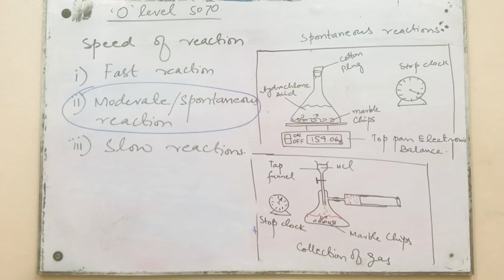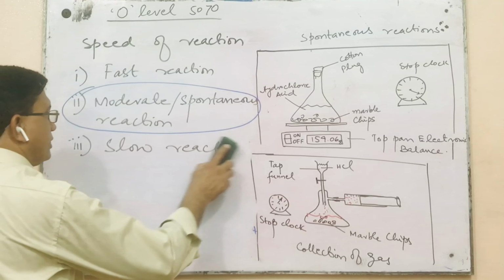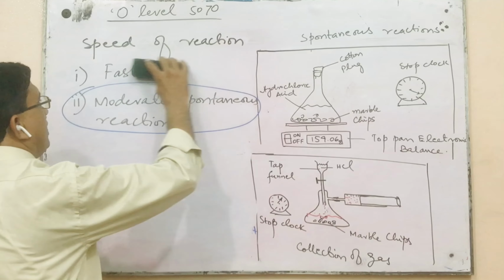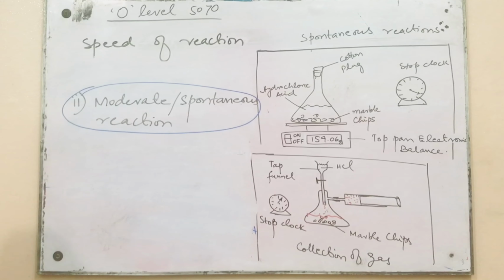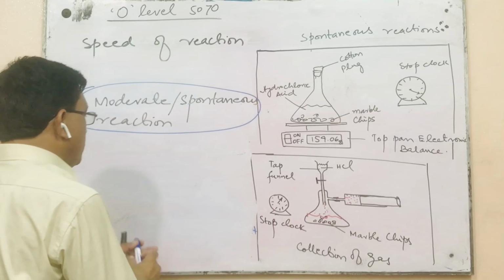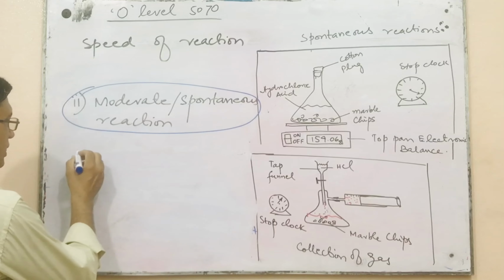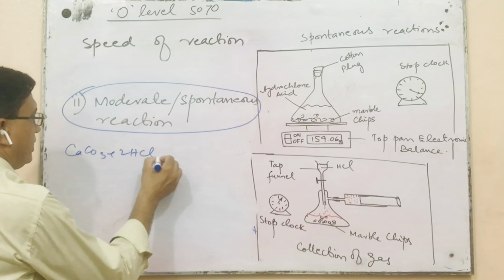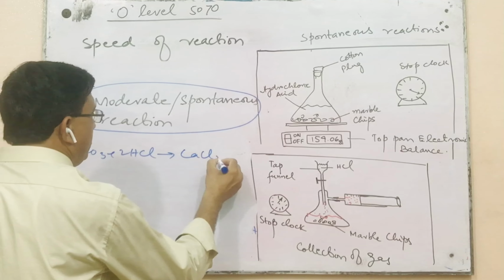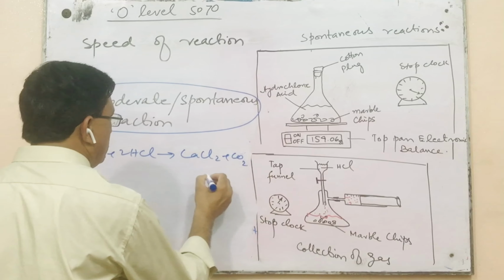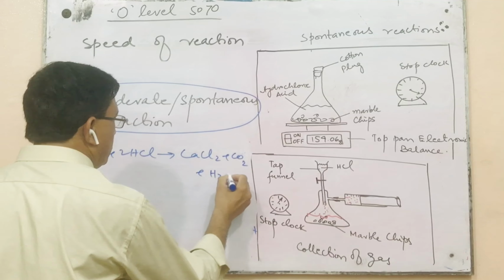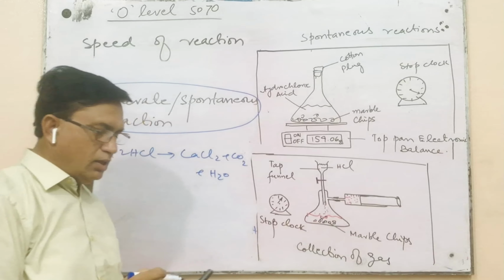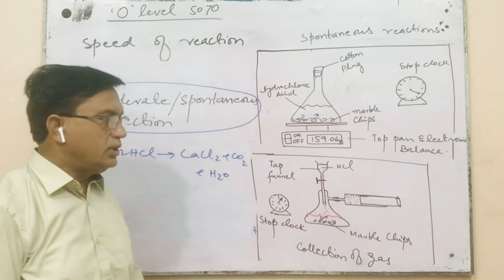As I have already told, the reaction between calcium carbonate and hydrochloric acid can take place and will produce calcium chloride, carbon dioxide and water, and both of these laboratory apparatuses can be used.